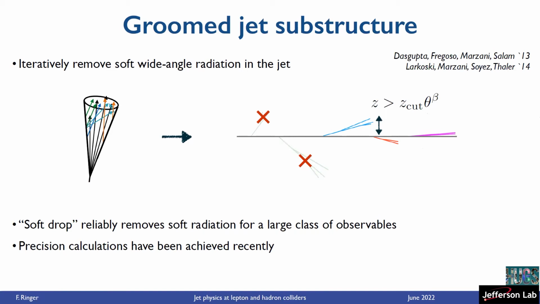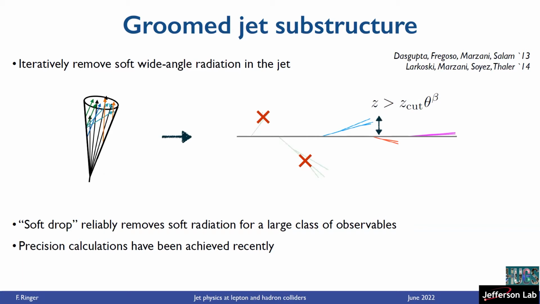For some reason, this systematically and seemingly correctly removes soft radiation if I ask, for example, what's the mass of the jet? And I can recover this idea that one jet equals one parton, right?